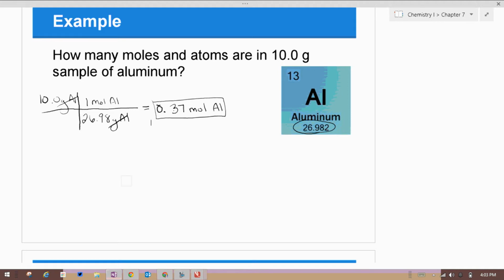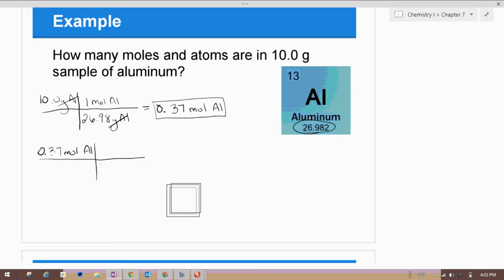So I'm going to rewrite this, 0.37 moles of aluminum, and I'm going to solve for atoms because our other conversion factor is the fact that 1 mole is equal to 6.02 times 10 to the 23rd atoms. So 1 mole is going to go on one of the sides, top or bottom. Think about it for a second.